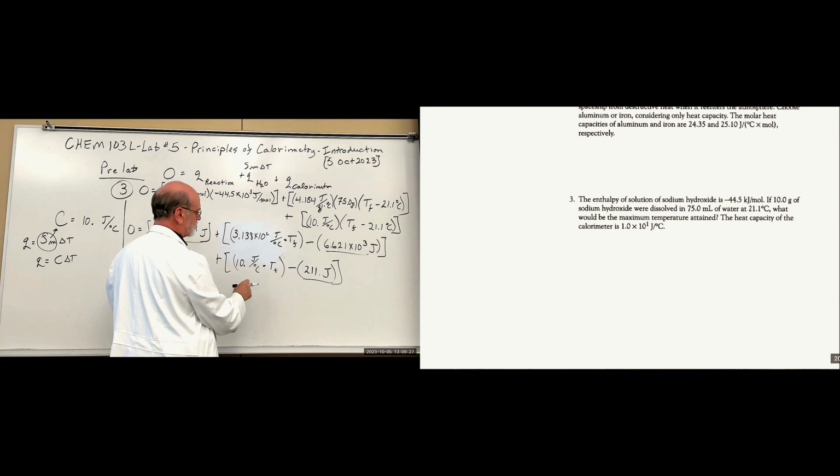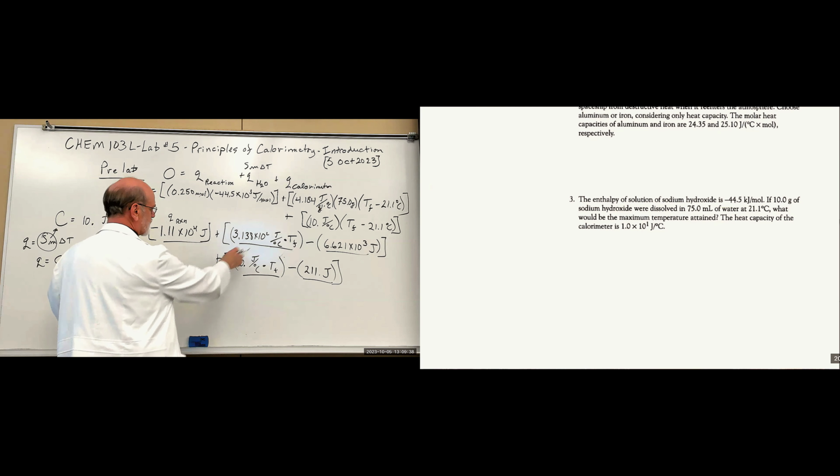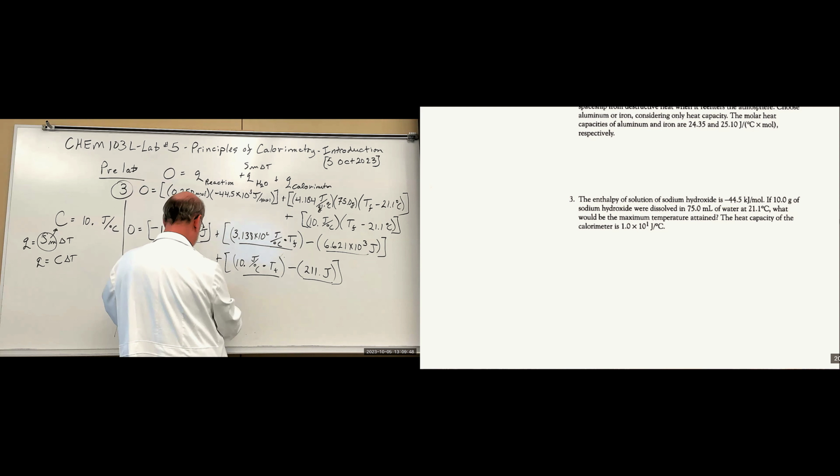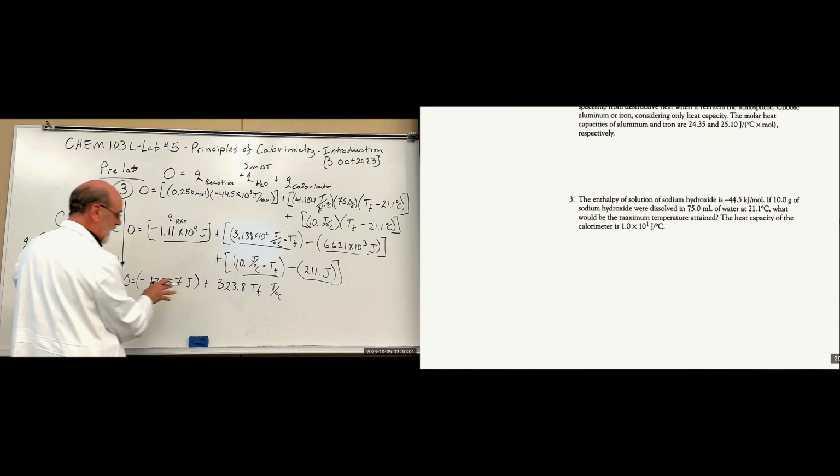Then we can add this one with this one. So 10 squared would be 313.8, and 10 plus, so this one is 323.8 TF. And the units here are joules per degree C. Okay, so what we want to do now is get this one on one side and this one on the other.